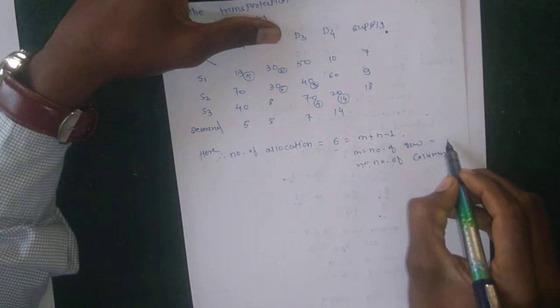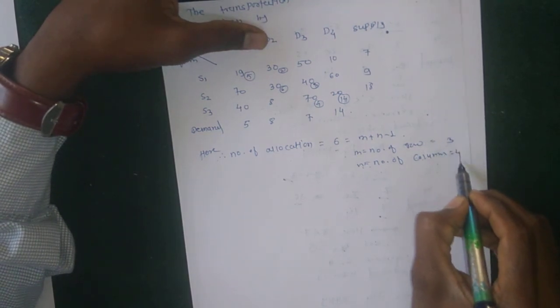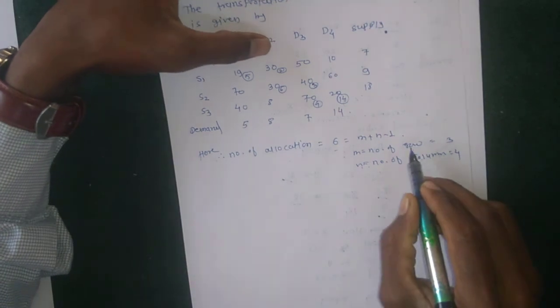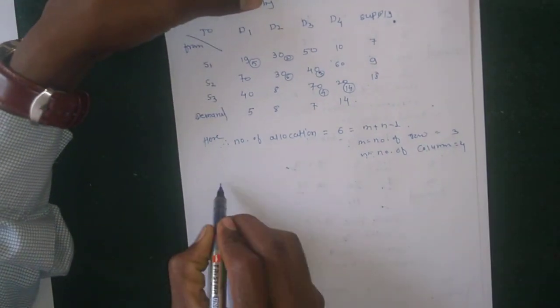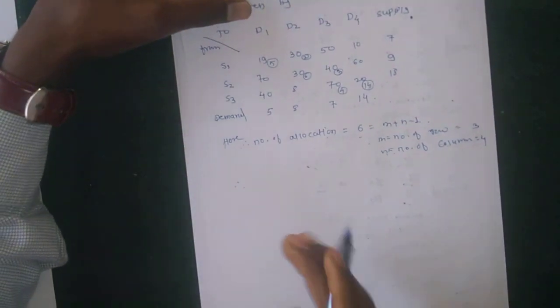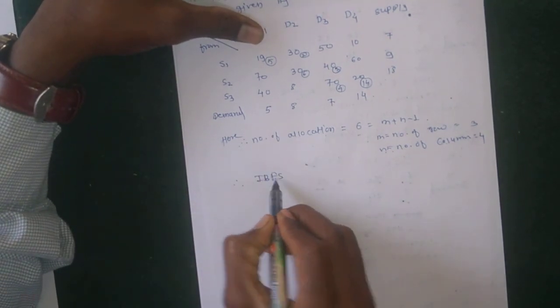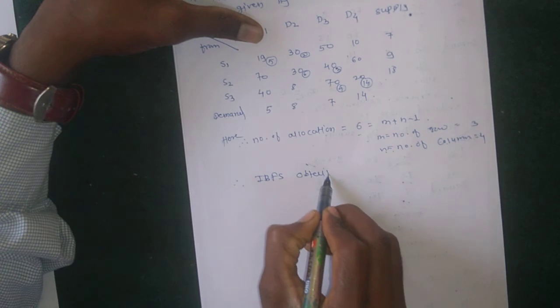Here 3 plus 4 is 7, minus 1 is equal to 6. Therefore this is our initial basic feasible solution, obtained.